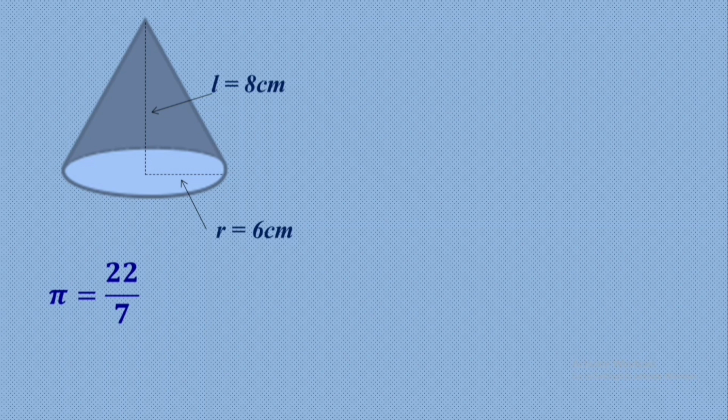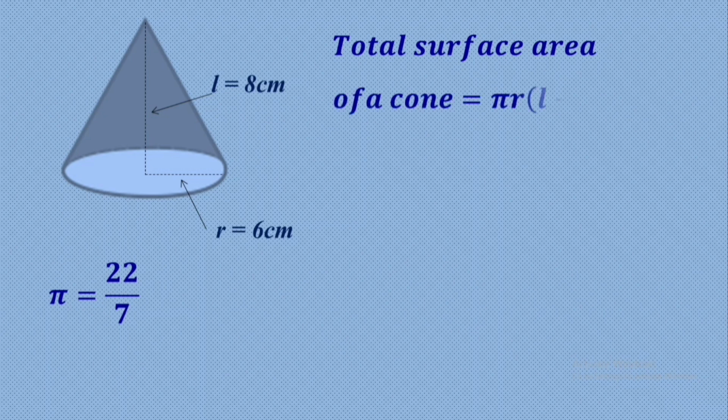Okay, here is an example. If a cone is of length 8 cm and radius 6 cm, taking pi as 22 over 7, what will be the surface area? Remember that the formula for the total surface area of a cone is pi r times (L plus r).